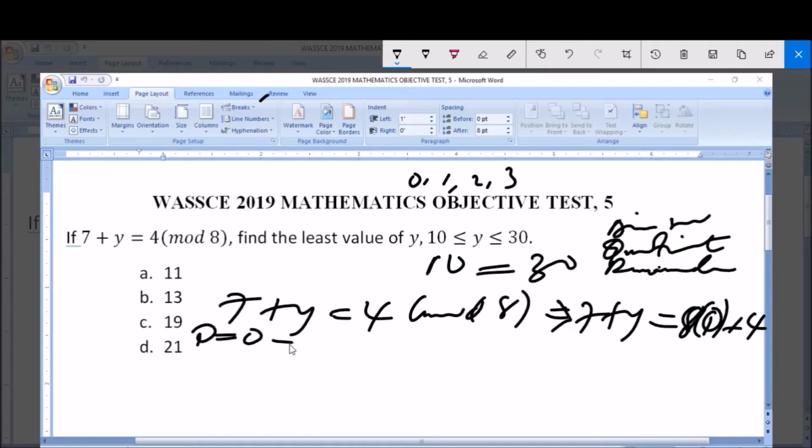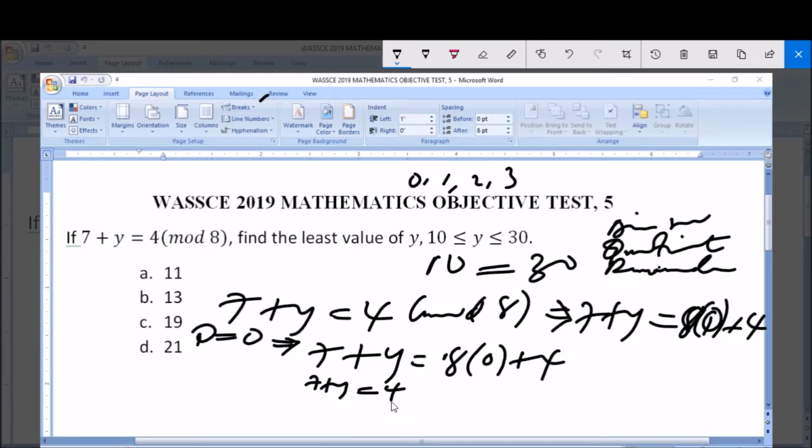Now if the quotient is 0, it will have 7 plus y equals 8 into 0 plus 4. If we solve further, we'll have 7 plus y equals 8 into 0, that's 0, plus 4, equals 4. So y will be equal to minus 3.